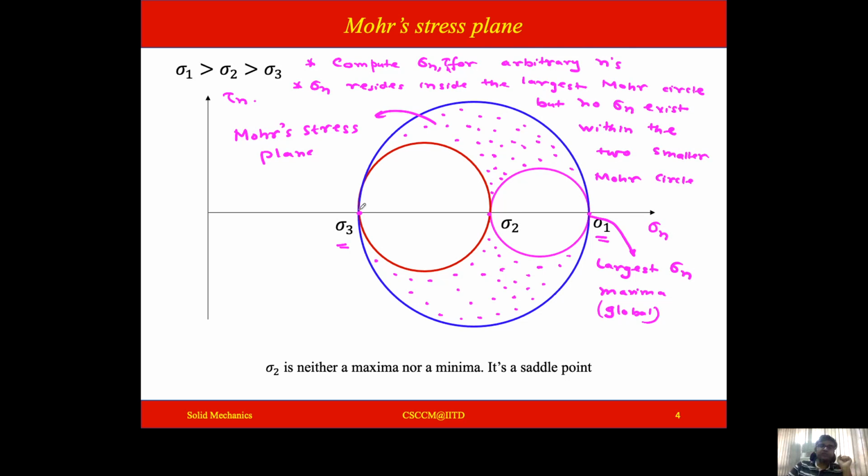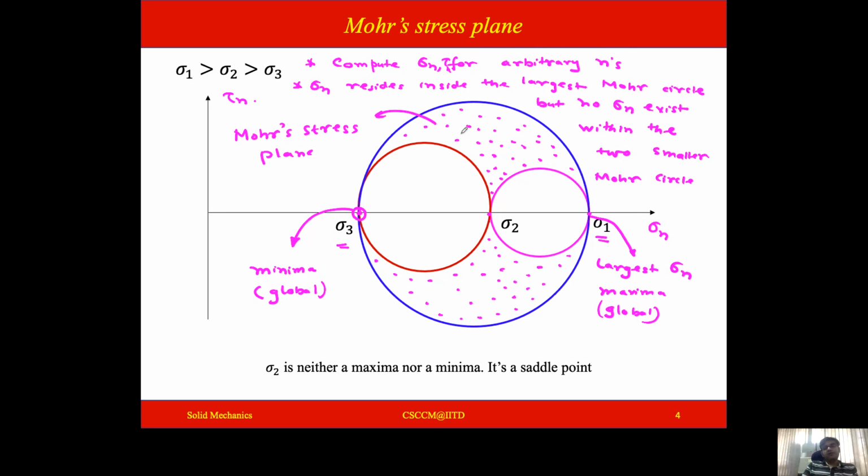And similarly, this sigma 3 you are seeing is the minima. And this is not only the minima, this is the global minima, which means throughout this Mohr stress plane, you cannot find another sigma which is smaller than this sigma 3.